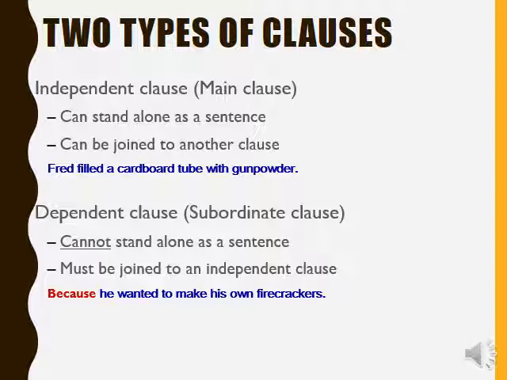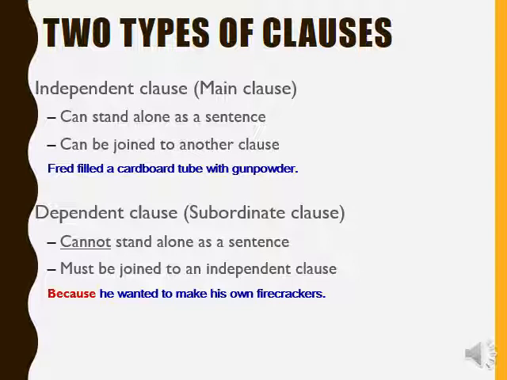So the difference is that the independent clause expresses a complete thought and it can stand alone, while the dependent clause cannot stand alone as a sentence because it doesn't give a complete idea. Plus, it must be joined to an independent clause in order to form a sentence.